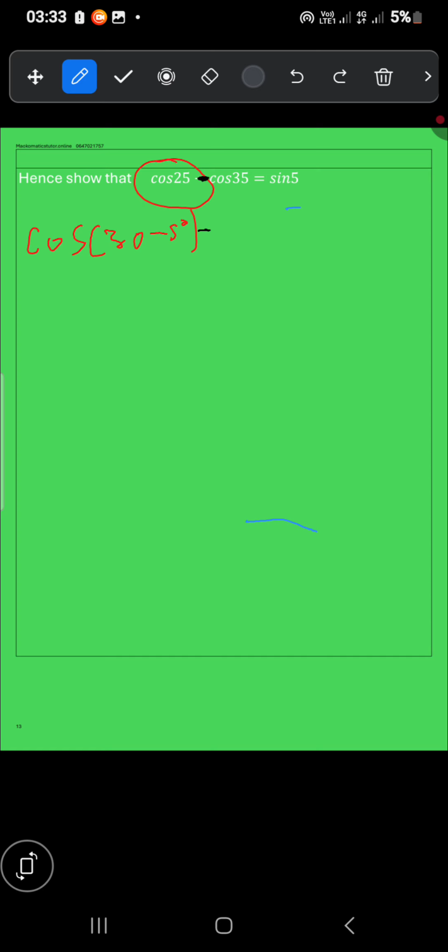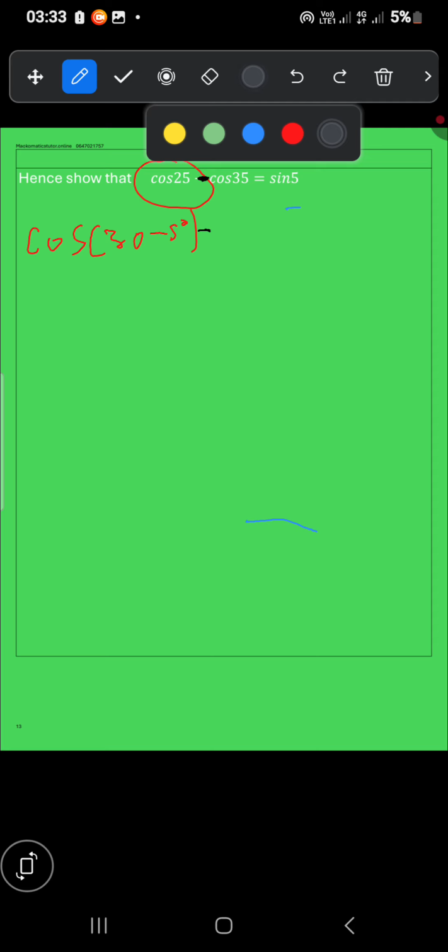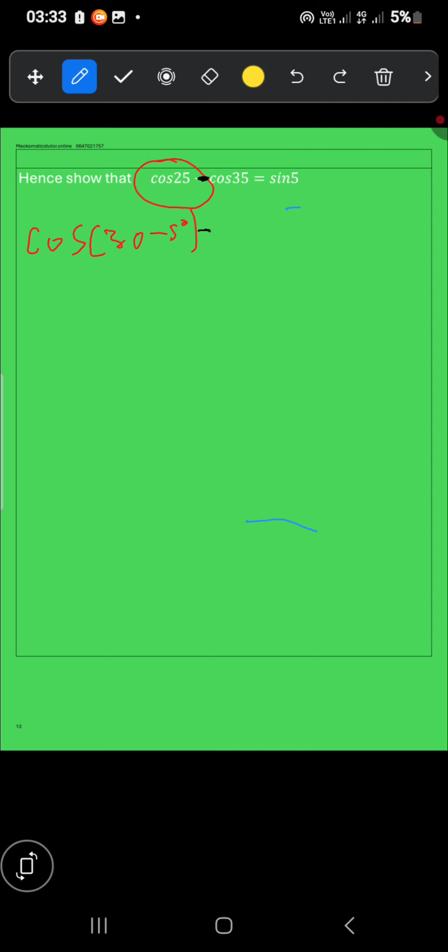Okay, I write it there. Then this, I'll write it as cos of 30 plus 5 degrees, obviously. Then start expanding.